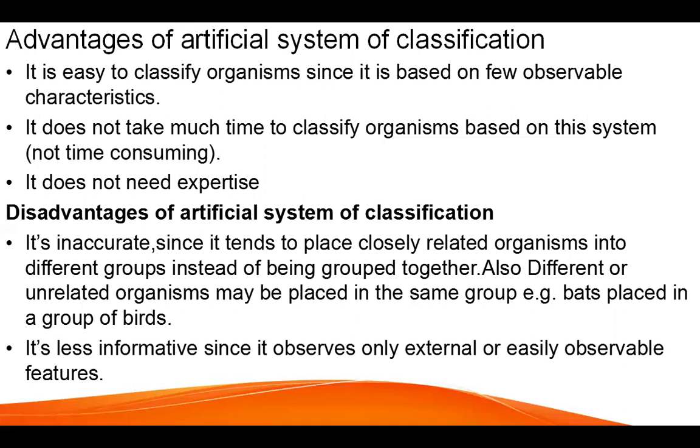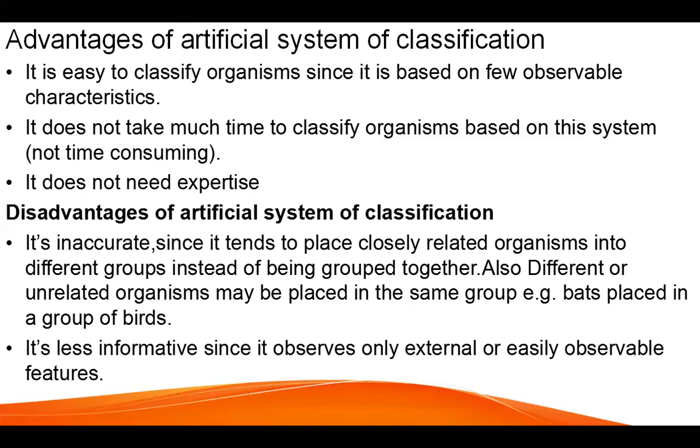Its disadvantages are, first, that it is inaccurate since it tends to place closely related organisms into different groups instead of grouping them together. Also, unrelated organisms may be placed in the same group just because of observing only the external features, so mistakes can be made in classifying organisms. For example, bats are placed in the group of birds while they are supposed to be placed in the group of mammals.